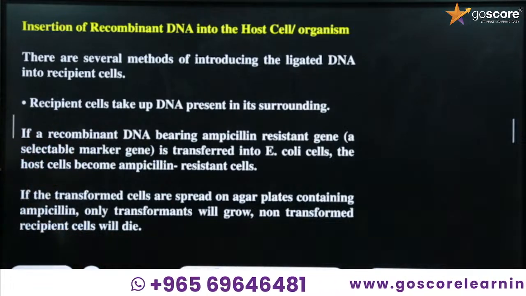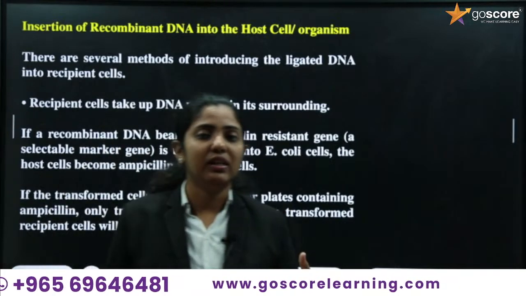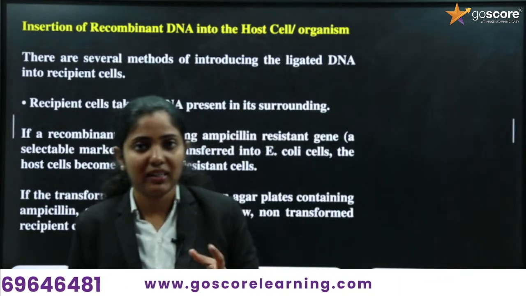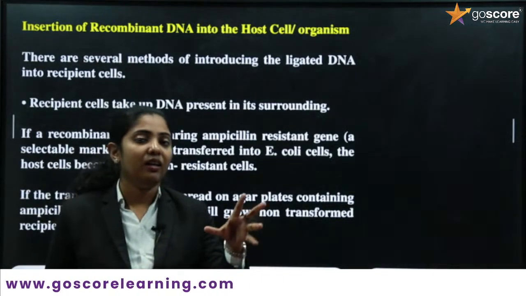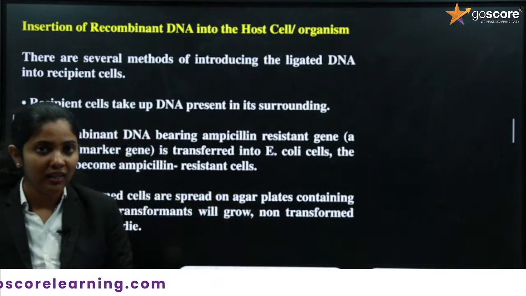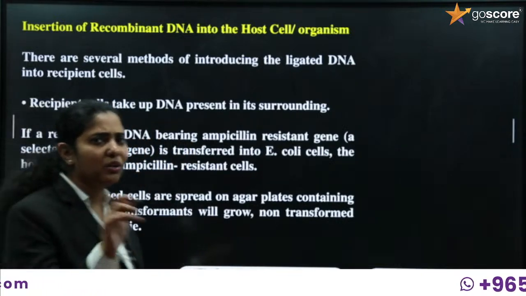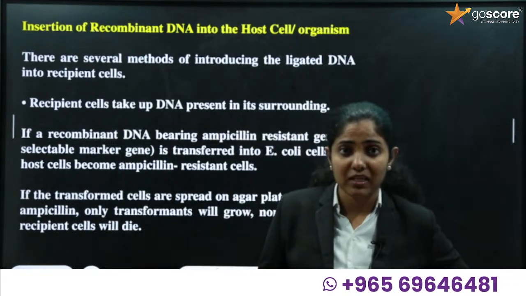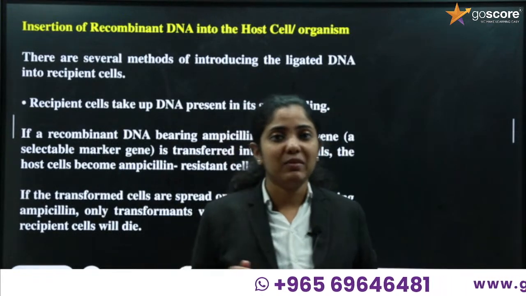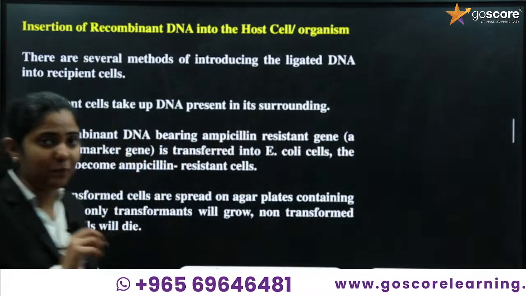We have already studied the importance of a host cell, right? We have also learned about the vector. Usually vectors will be plasmids, and these vectors will carry the DNA to the host cell. Why were plasmids used in the previous class? What are plasmids? Plasmids are extra chromosomal DNA present inside a bacteria, right?